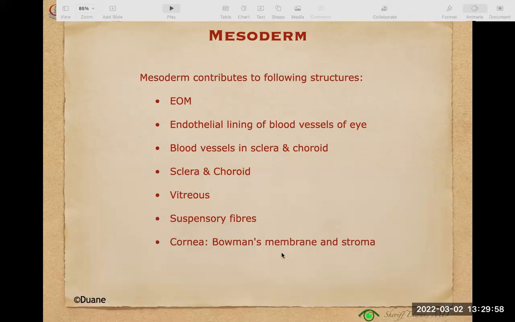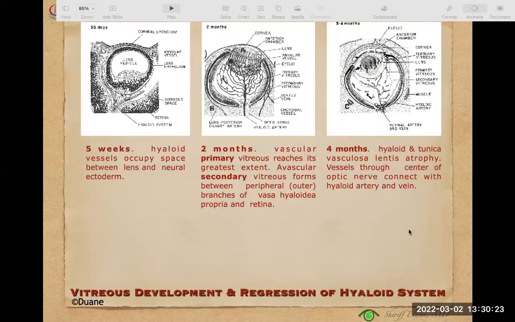This comes from the mesoderm, while the epithelium comes from the ectoderm. So the cornea actually develops from 3 layers. The first is the ectoderm, giving the epithelium, the mesoderm giving the stroma and Bowman's membrane, and the neural crest giving the Descemet's membrane and the endothelium.